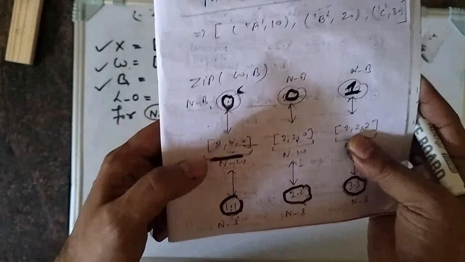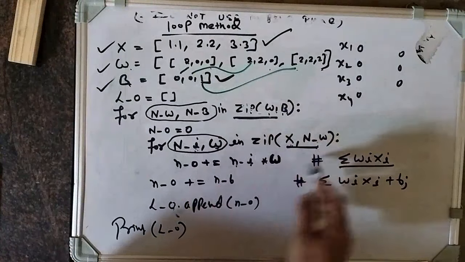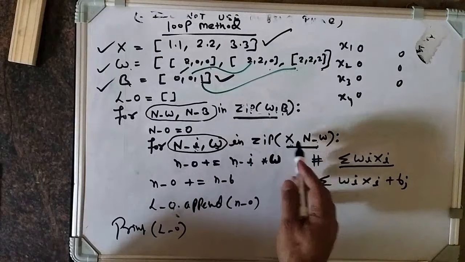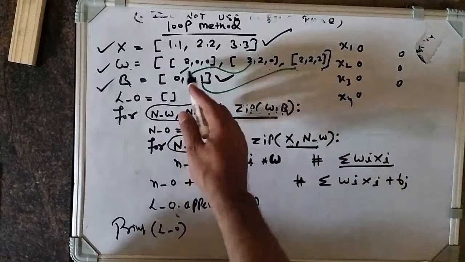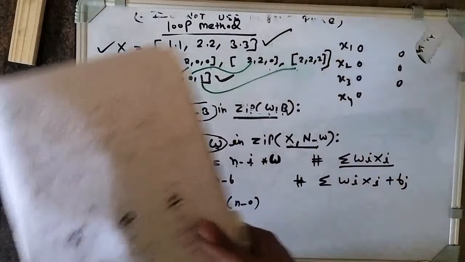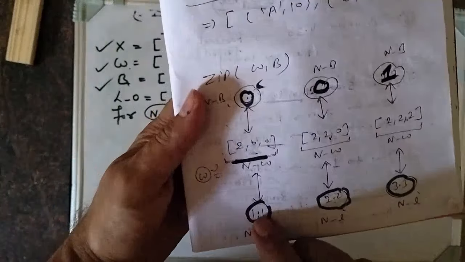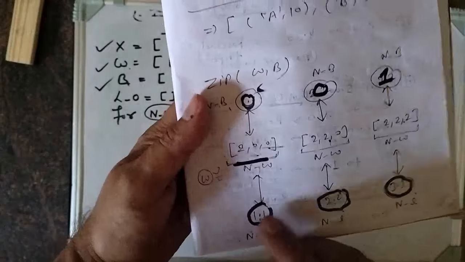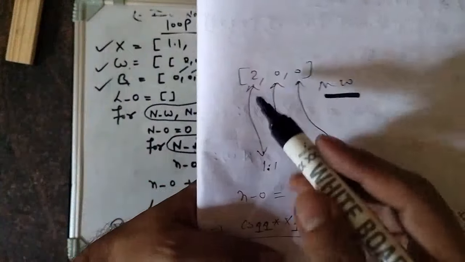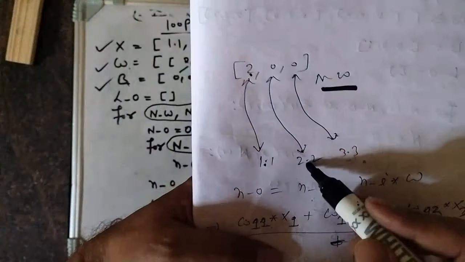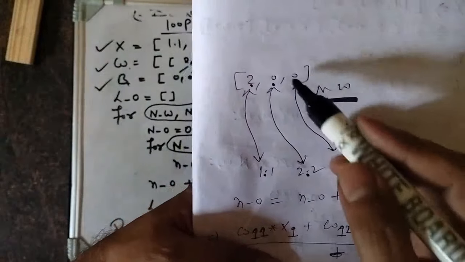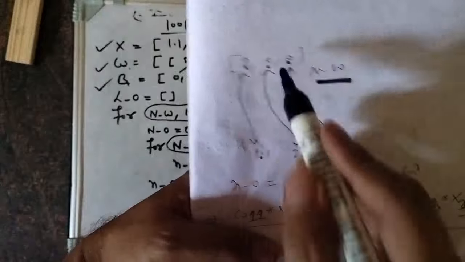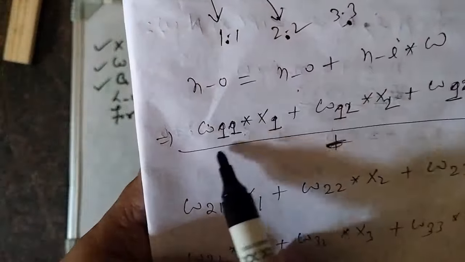Okay, W. After that this loop is working from 1 to n, means the total number of elements in my input. So this 1.1 into this one, now you can see I have written here. So 1.1 into this, 2.2 into this, and 3.2 into this. First weight. So I have written here, you can see. Easily you can understand.